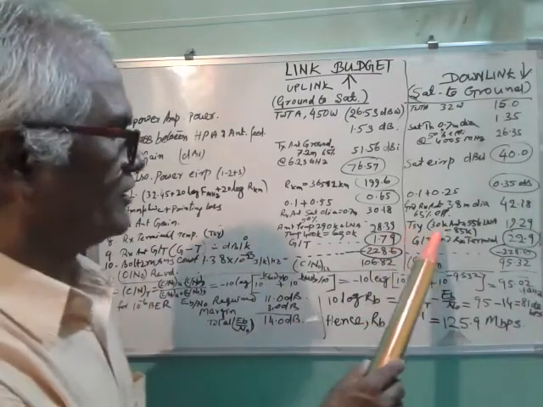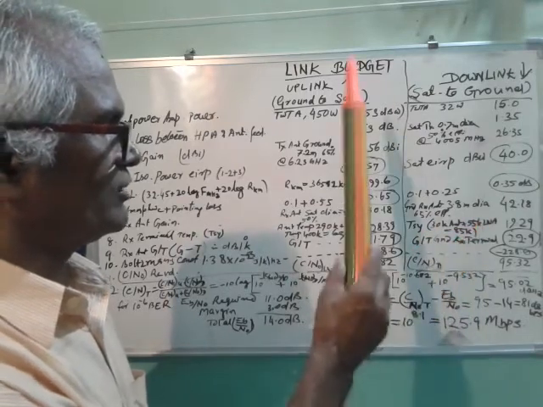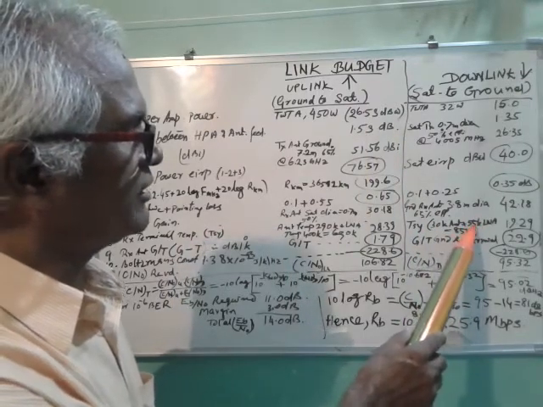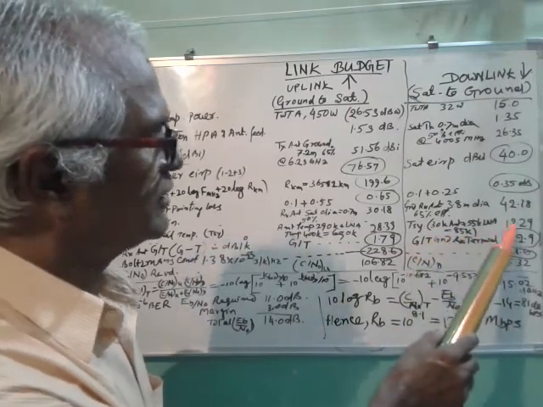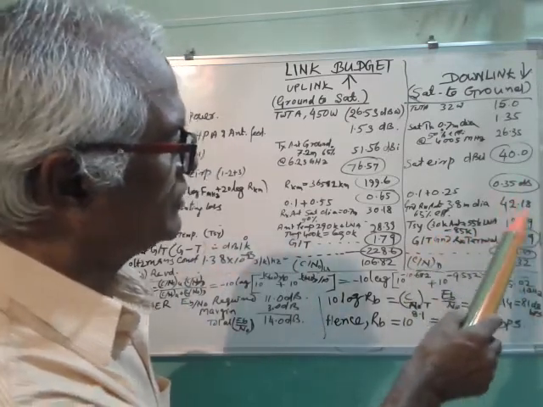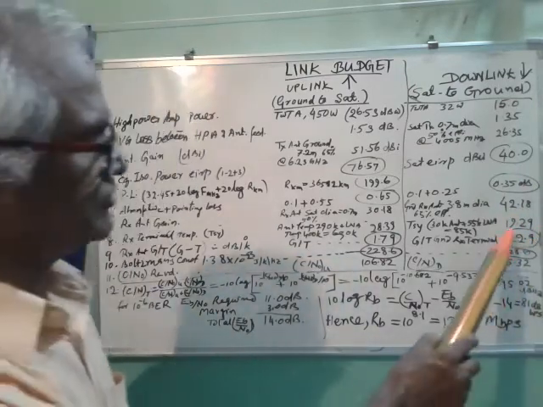T system: here the LNA will be only 30 Kelvin and the antenna is looking at the cold sky, which will be 55 Kelvin, which is equal to 85 Kelvin. 10 log 85 will be 19.29 and G minus T is equal to 22.9 dB per Kelvin, which will be G by T.